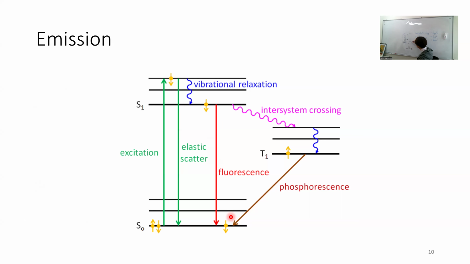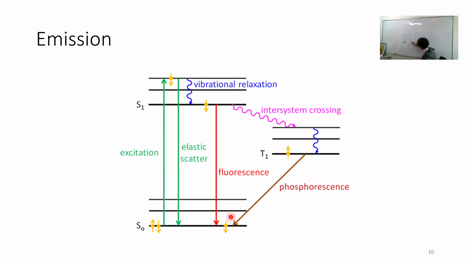When the photon is absorbed, the electron moves to the excited state conserving the spin. So in fluorescence, it is just down spin moving to down spin. But when intersystem crossing happens, these electrons are converted to the different spin, up spin.